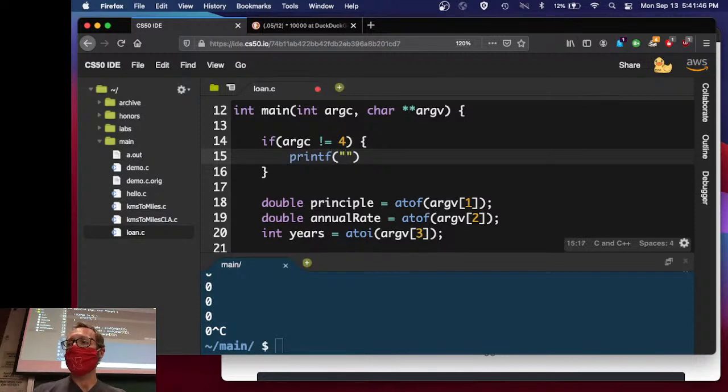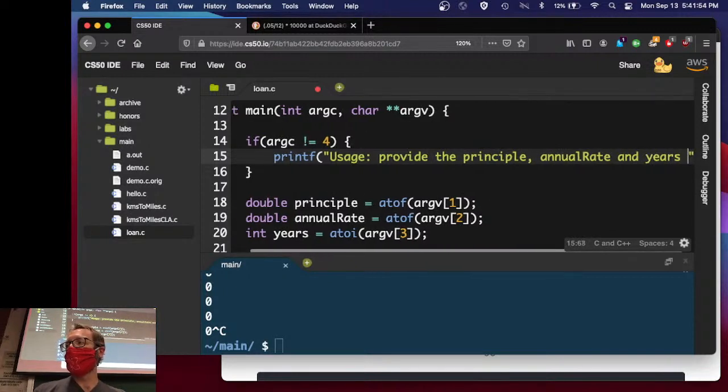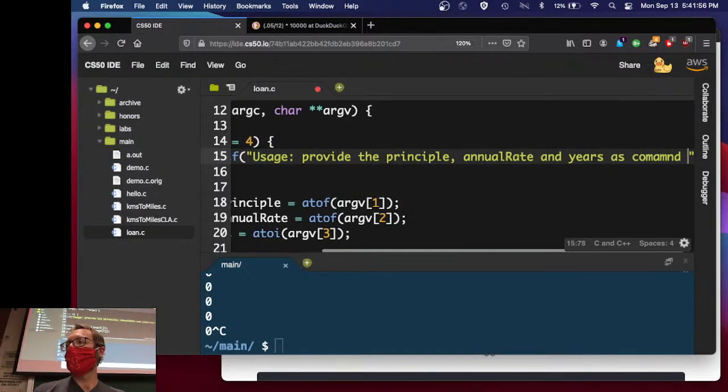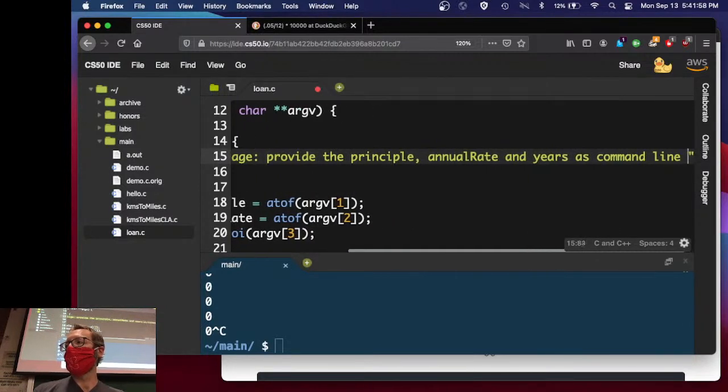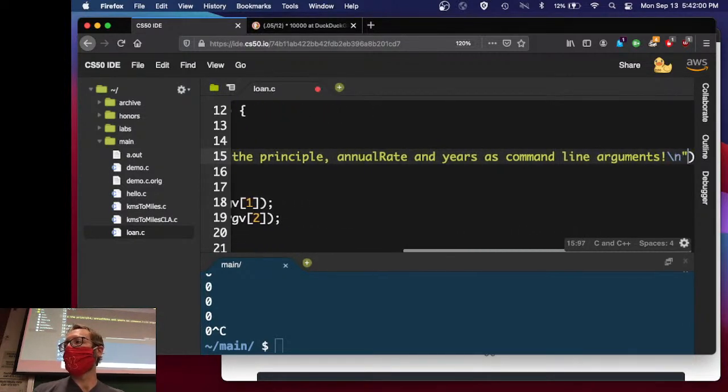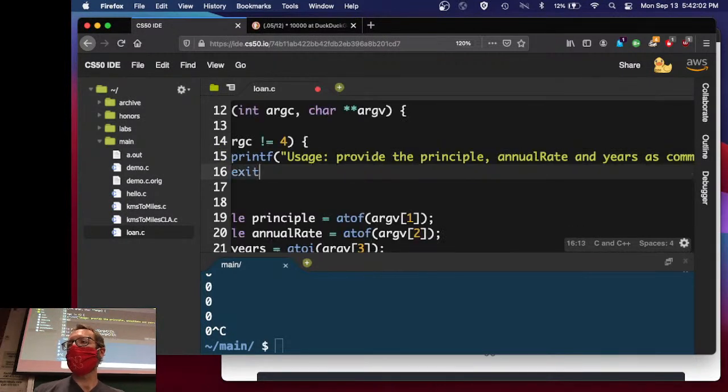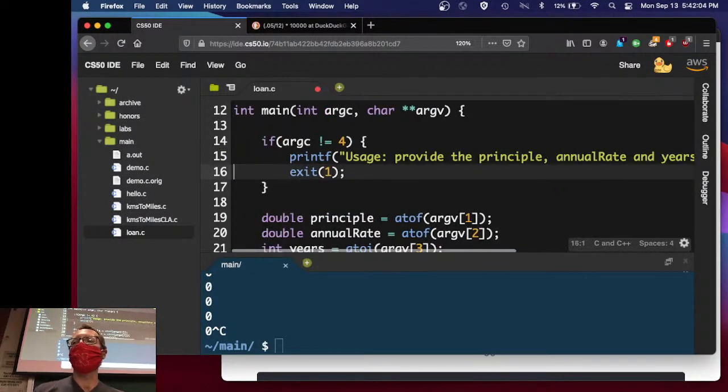Printf usage, provide the principal, annual rate, and years as command line arguments. And the line, and how do I exit on them? Exit with a special error code that I'm just using as 1 here.